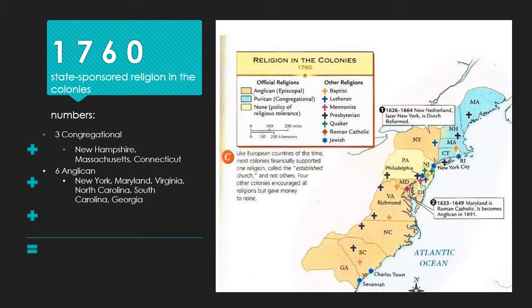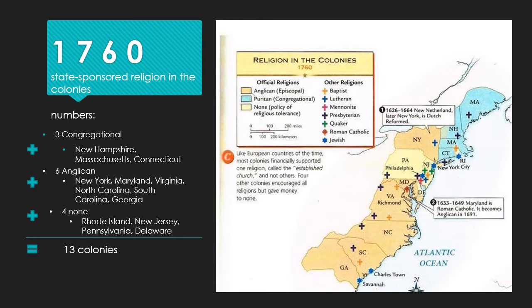New Hampshire, Massachusetts, and Connecticut were Puritans or Congregationalists. New York, Maryland, Virginia, North Carolina, South Carolina, and Georgia were Anglicans. And only 4 of the 13 colonies, Rhode Island, New Jersey, Pennsylvania, and Delaware, did not have an official religion.